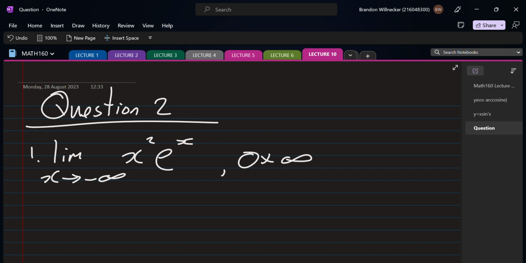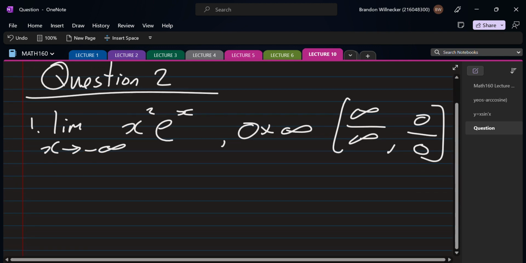It's an indeterminate form, that's correct, but it's not the one that we need for L'Hopital's rule. L'Hopital's rule needs infinity over infinity, or 0 over 0. Just because it's an indeterminate form, again, you can't just use L'Hopital's rule directly. It has to be of this form.